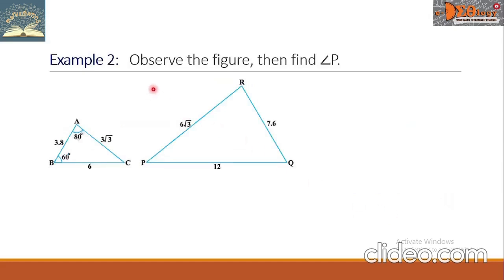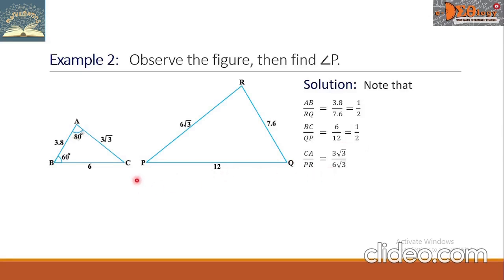Example 2. Observe the figures, then find angle P. In the figure here, this is the angle P. Note that the side AB over RQ is equal to 3.8 over 7.6, and this is simplified into 1/2. Also, the side BC over the side QP is equal to 6 over 12. When we simplify, this is 1/2.